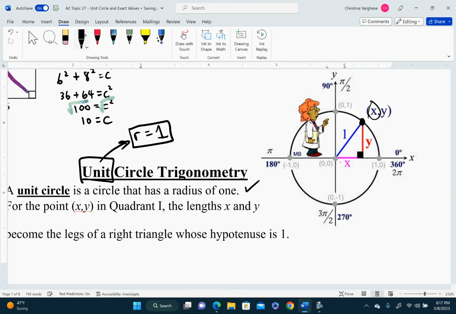And this right here is our y, because this is our y-axis, so this is our height. This is our y-coordinate. And this here is a right triangle. So this is our hypotenuse, and our hypotenuse is 1. That's our second definition right here.